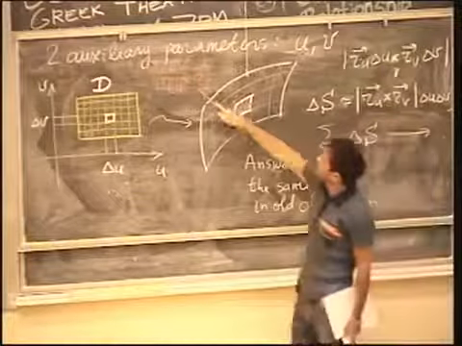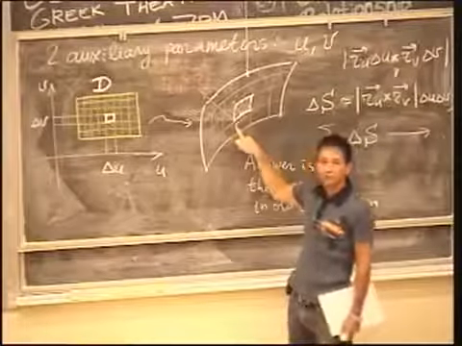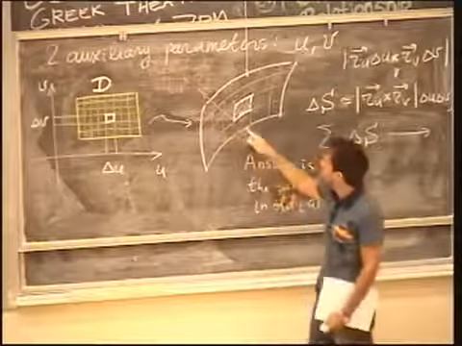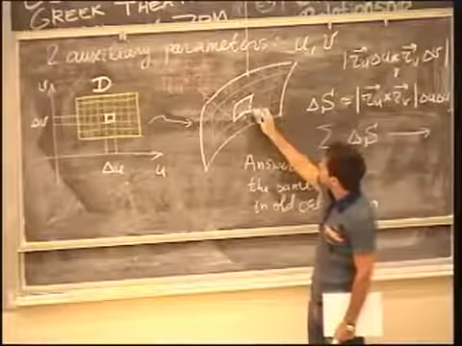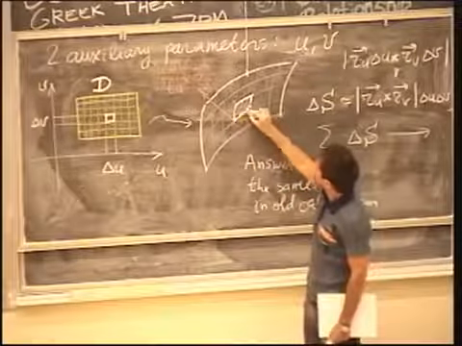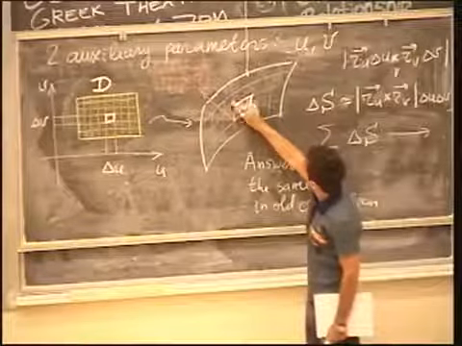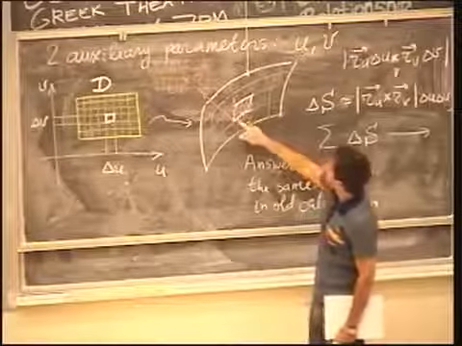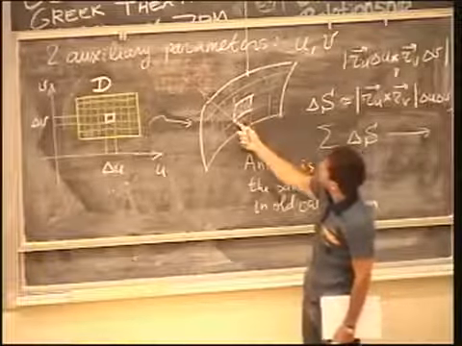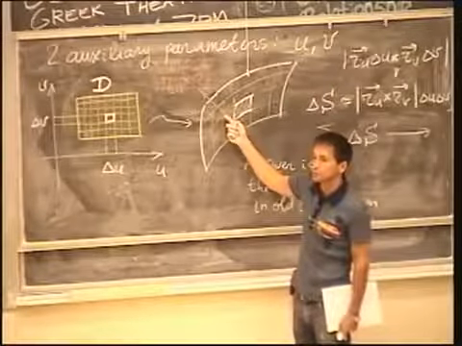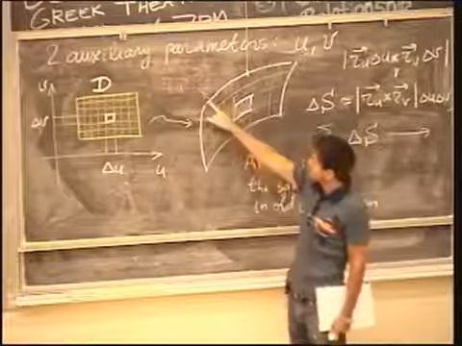This, as a vector, is normal to the surface at this point. It is normal because, remember, as I said, in this calculation you have to take a cross product of two tangent vectors. When you take the cross product of two tangent vectors, you get something which is perpendicular to them, and therefore perpendicular to the surface. This is a normal vector.